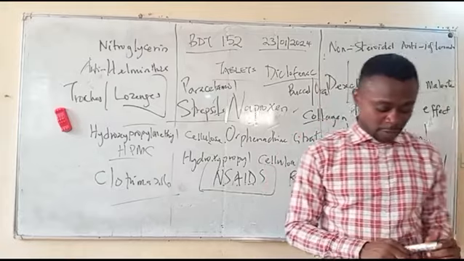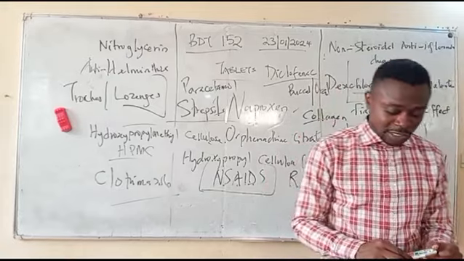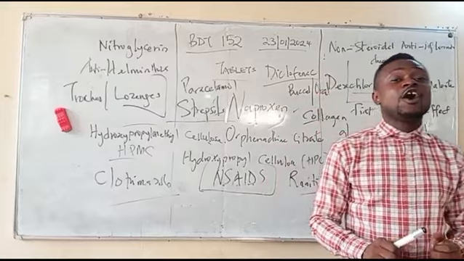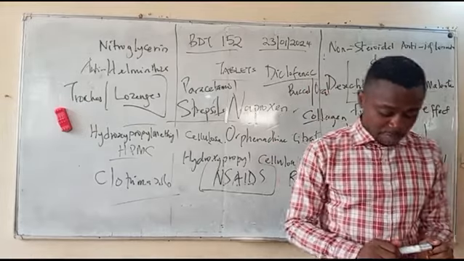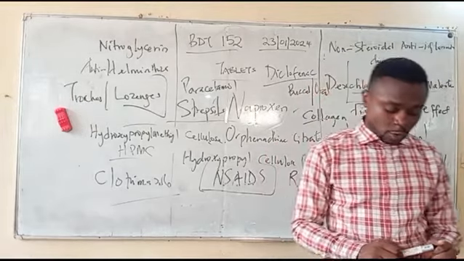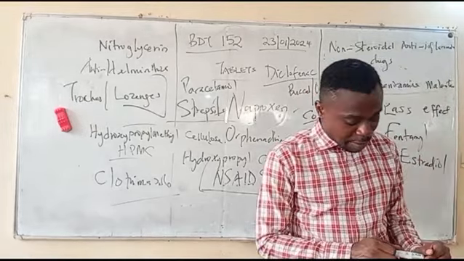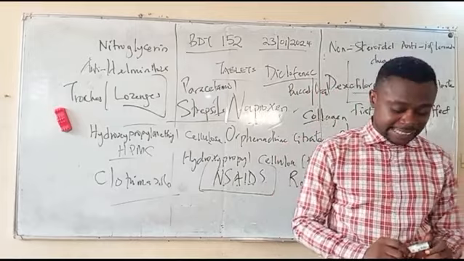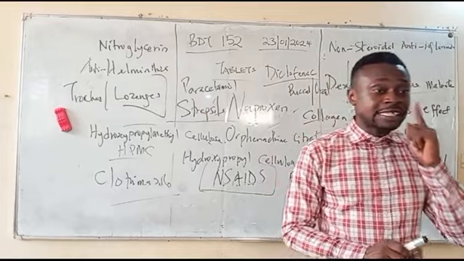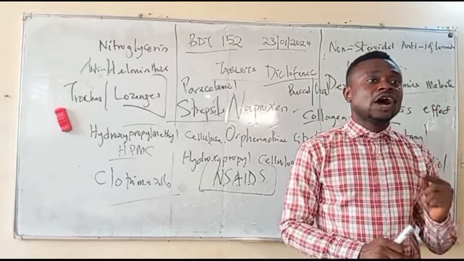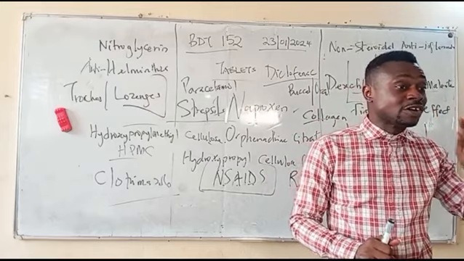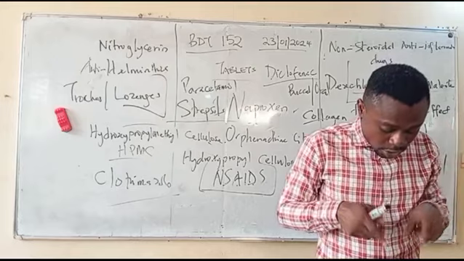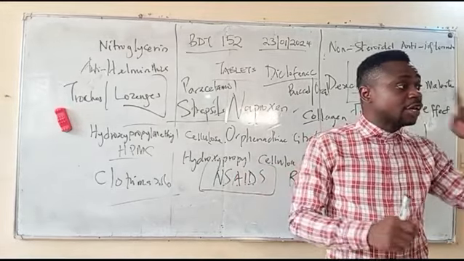Alright, let's continue. So we have our dispersible tablets. They are almost the same thing with effervescent tablets. But the most important thing here is that the concentration of the drug in the dispersion is very, very important.